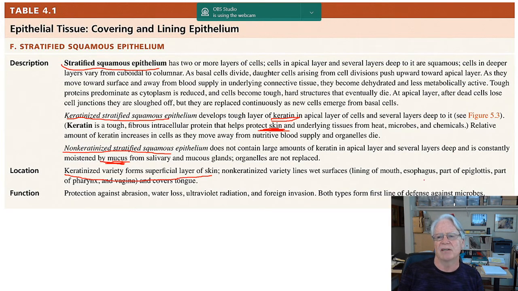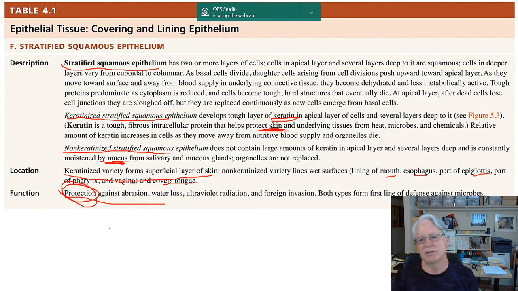Non-keratinized, we find it lining the mouth, the esophagus, parts of the epiglottis, the pharynx, the vagina, and it covers the tongue. What is this all about? Protection, protection, and protection. That's the big thing right there. So keep that in mind. It's all about protection.